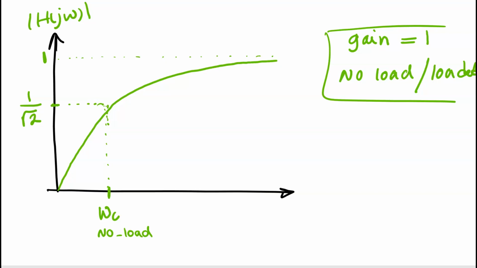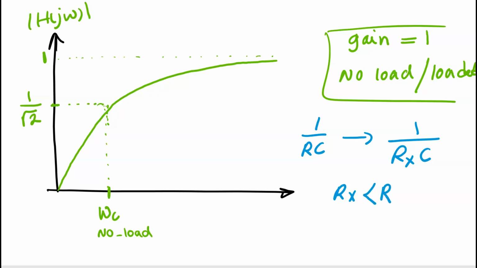And then if I want to draw the loaded one, what will happen is that instead of 1 over RC, I'm looking at 1 over RxC, in which Rx, which is the equivalent of R and RL in parallel, is smaller than R itself. So because Rx is smaller than R, 1 over RxC is going to be a bigger number.